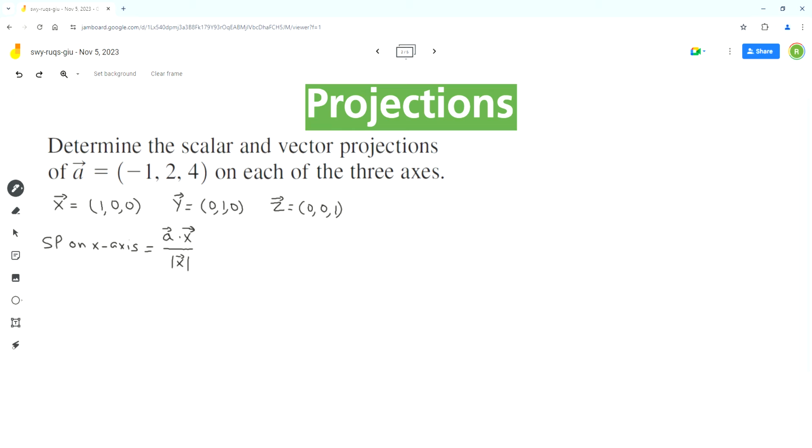Now we can use the given vector A. In the denominator, we can write the expression for the magnitude of vector x by squaring the components of vector x, adding them, and applying square root to the sum.